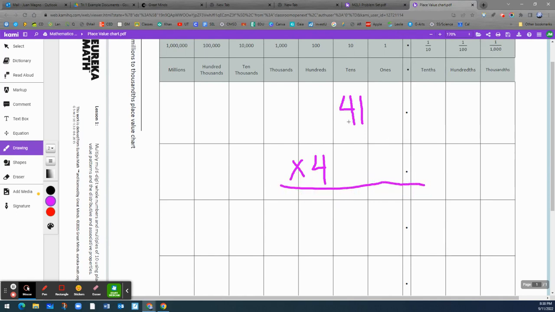Obviously, we can align these numbers, like the 4 can be right under the 41. Let me just do that right now, just to make it more clear. Then when you do this, you multiply. 4 times 1 equals 4. And 4 times 4 equals 16.